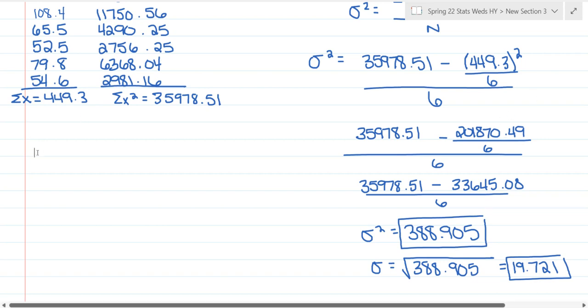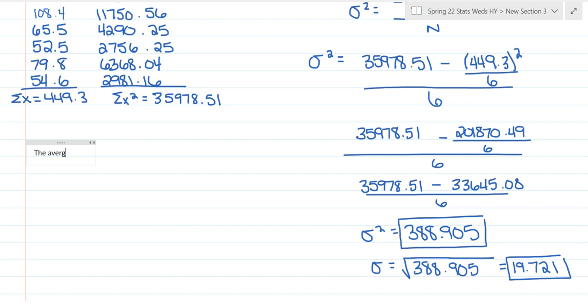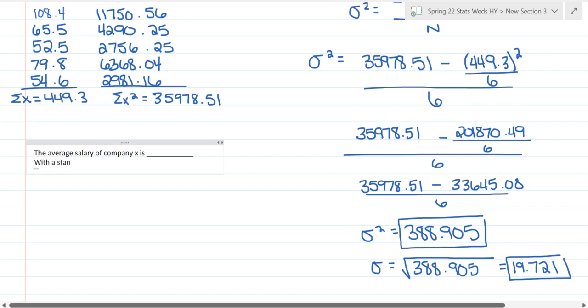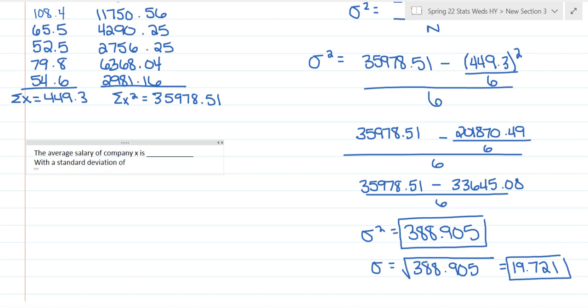You would say, all right, this company has salaries. So the average salary, which we didn't find, but we can if we want. The average salary of company X is, you know, whatever that is, with a standard deviation of 19.721, which is $19,000.